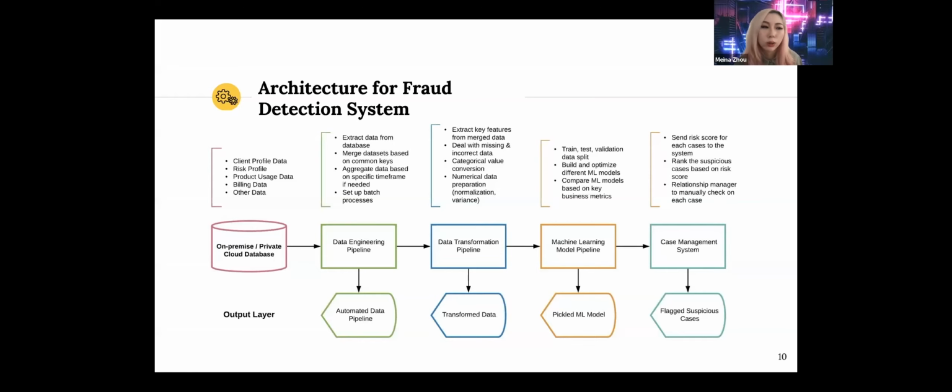They may also want to know how to prioritize, or how many risky cases you will be providing to them, which can also be controlled by your machine learning model, whether you want to include more risky cases or focus on accuracy when you predict the risky cases.